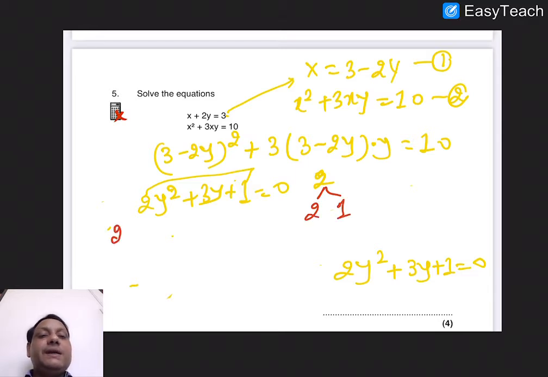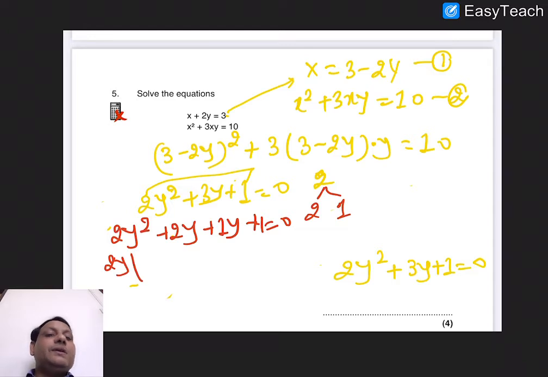So we got 2y square plus 2y plus 1y plus 1 is equal to 0. So take 2y common, then we are getting y plus 1, and plus 1 here common, so y plus 1 is equal to 0.